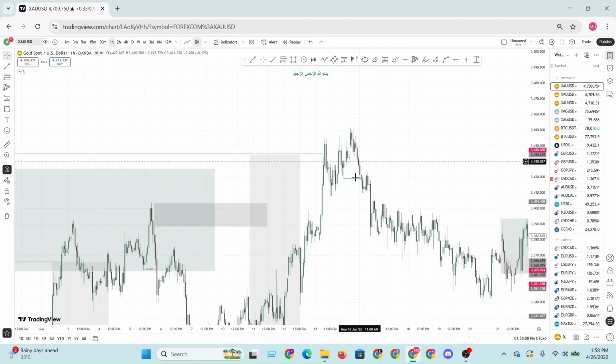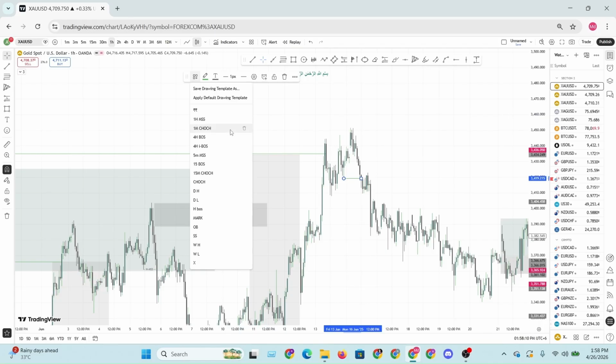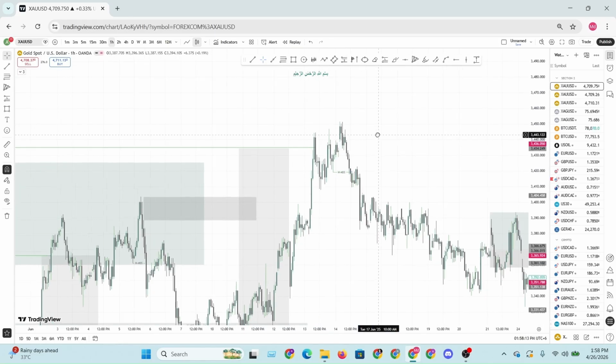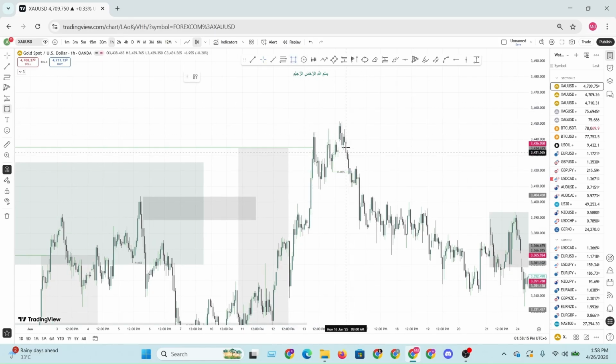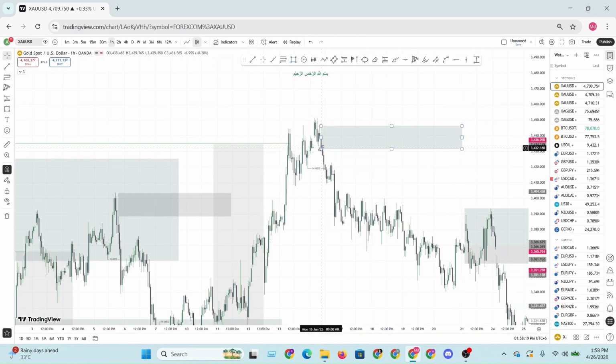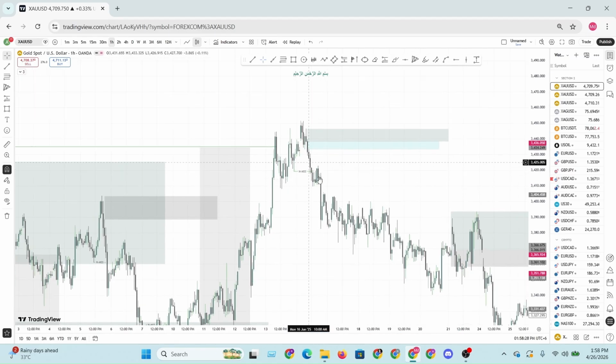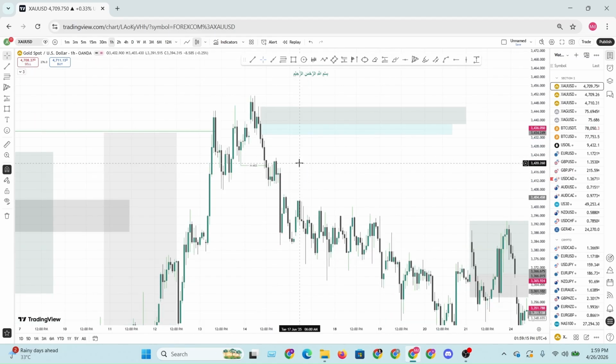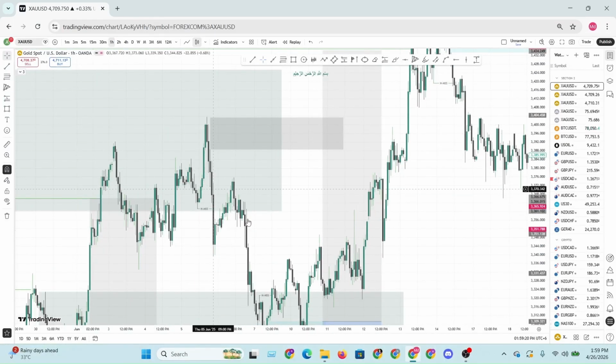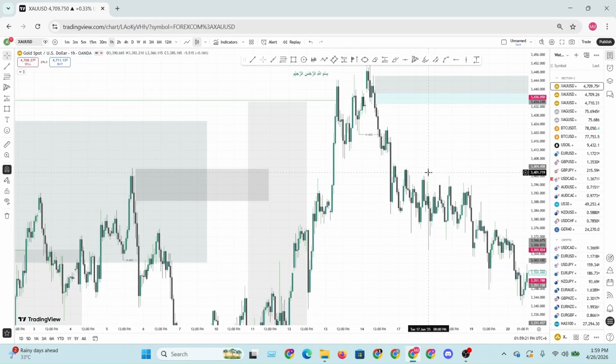Okay, this is the MSS. So my extreme POIs are here. But the market didn't come. Here come advanced things. We actually trade here also, and actually trade here also.